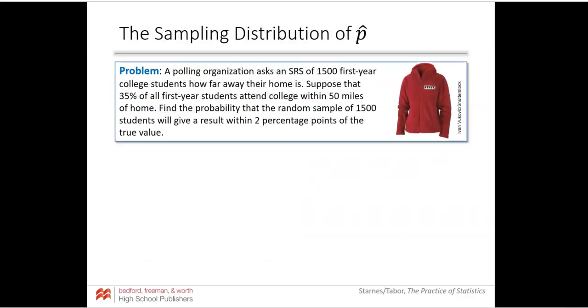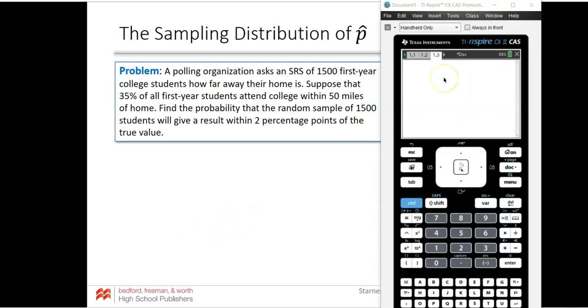Okay. So a polling organization asked for an SRS of 1,500 first-year college students how far away their home is. Suppose that 35% said they attend college within 50 miles. Find the probability that the random sample of 1,500 students will get a result within 2 percentage points of the true value. Okay, so the mean of p-hats is 0.35.